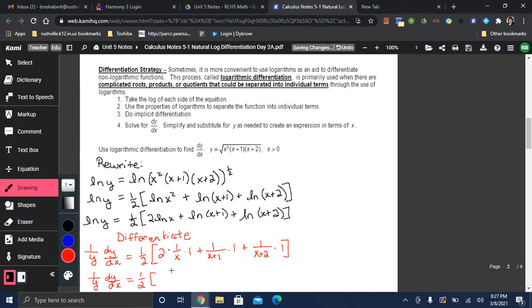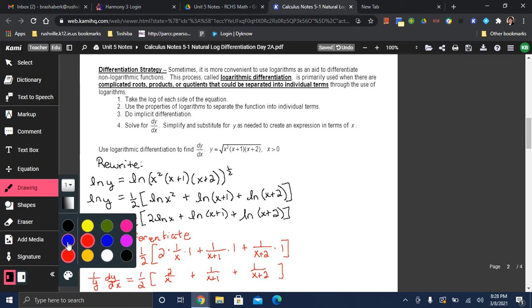So 2 times 1 over x times 1, that'll be 2 over x plus 1 over x plus 1 plus 1 over x plus 2. And I did leave myself some space to get a common denominator. So your common denominator would be x times x plus 1 times x plus 2.